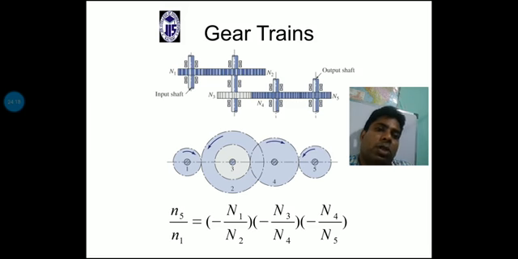That's why we are not calling this a simple gear train, it is obviously a compound gear train. A compound gear train is such a type of gear train where more than two gears are mounted on one shaft.